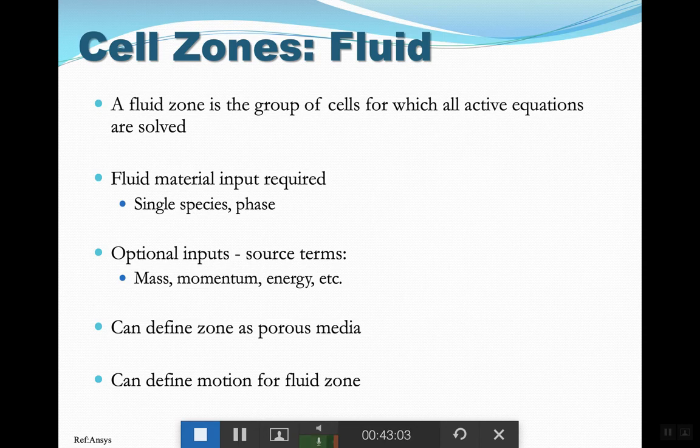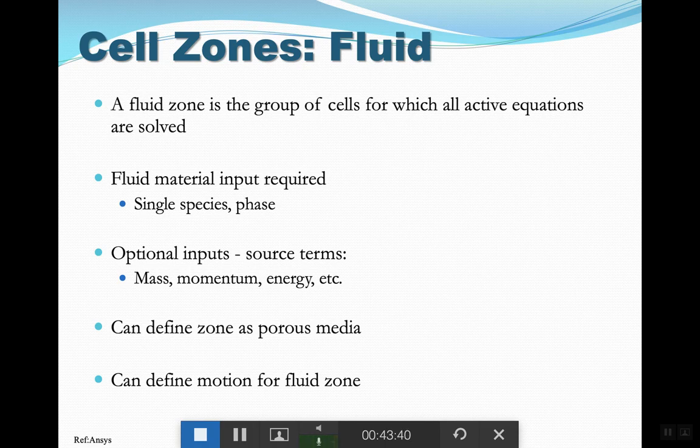Before moving on from our boundary conditions, the last type of boundary condition that we have to discuss is cell zone conditions. So basically, the cell zone conditions are the conditions that are per se not boundary conditions, but attributes, characteristics that you need to provide for a collection of cells inside your domain.